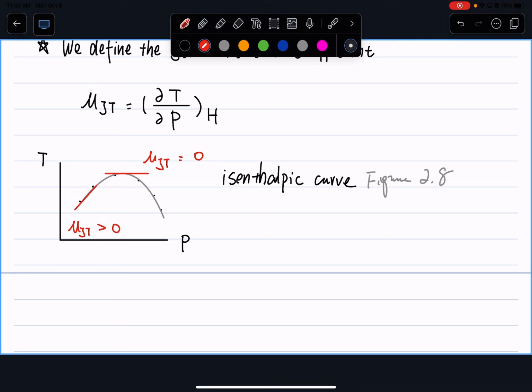The temperature of the gas used in your Joule-Thomson throttling experiment will decrease if P2 is smaller than P1. And if we cool that gas enough, we end up with liquefaction of the gas. That's one of the applications of the Joule-Thomson throttling experiment: liquefaction of gas.